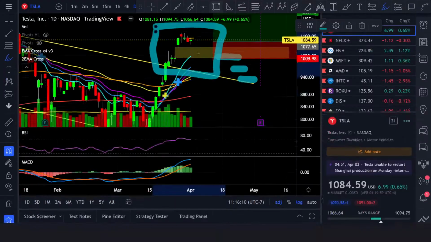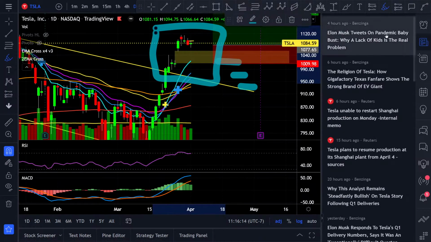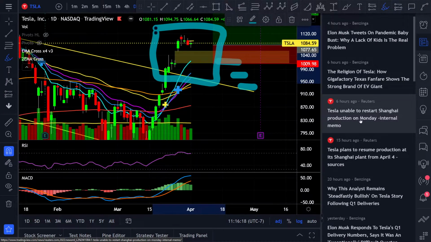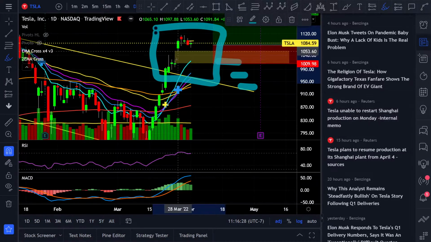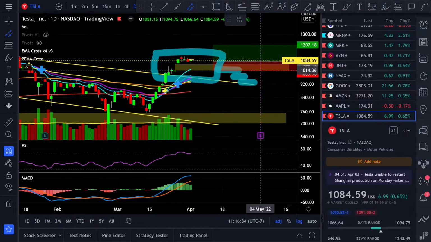So that's a little bit of company-specific news that we always need to watch out for. Right here, unable to restart Shanghai production on Monday, internal memo 6 hours ago on Reuters News. So with stocks, you always have to pay attention to the news because these gaps up or down are usually news perpetuated. It's not just pure TA of the charts.